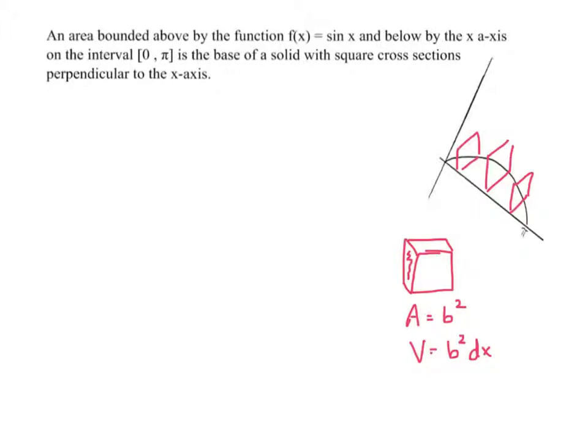So I go to integrate from 0 to pi, and the base is just the value of the function. So sine is equal to the base. So I end up integrating sine of x squared dx.